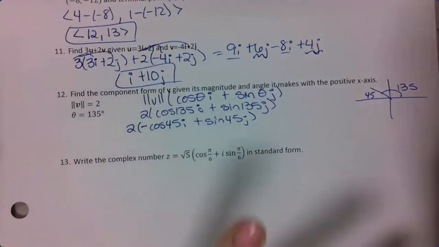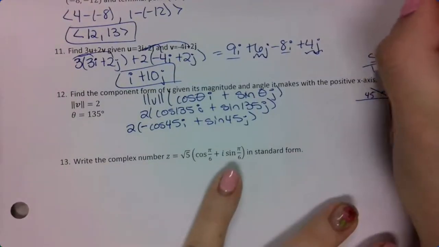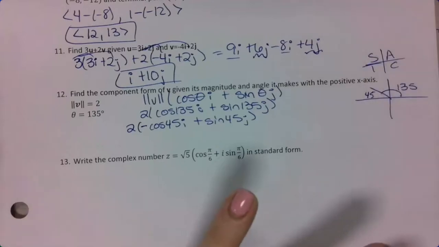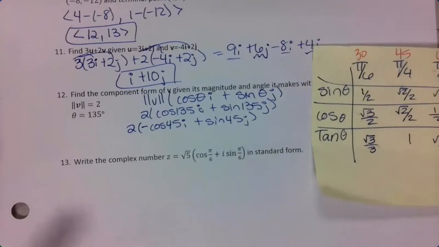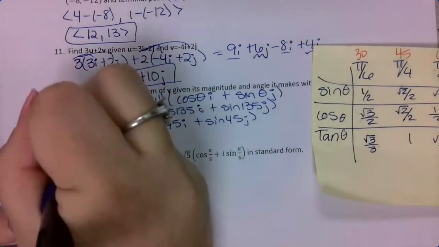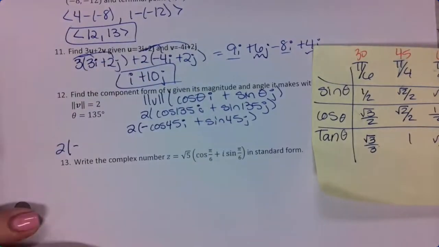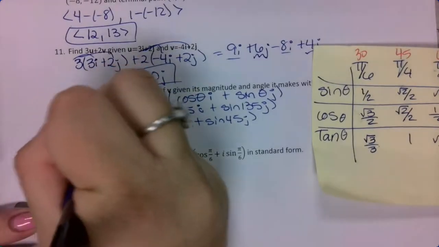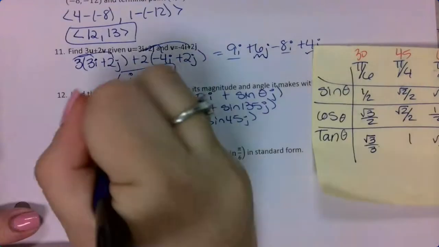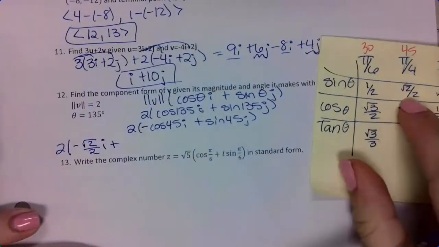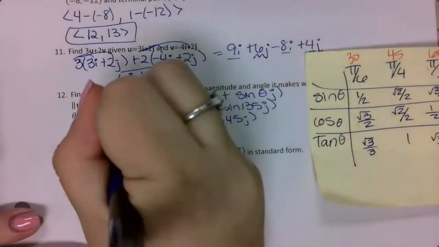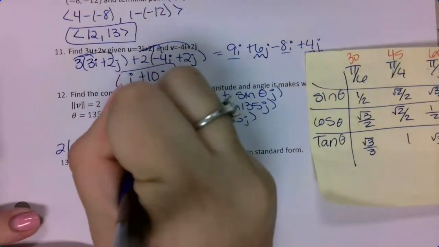I need to remember for this one, all students take calculus, and then that chart I had you guys memorize at the beginning of the year is helpful to know my sine of 45 degrees and cosine of 45. So I have 2 times negative square root of 2 over 2 times i, and then positive sine at 45 degrees is square root of 2 over 2 j.